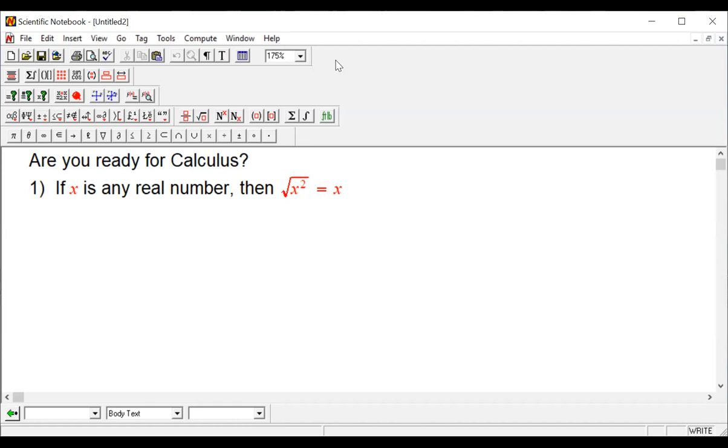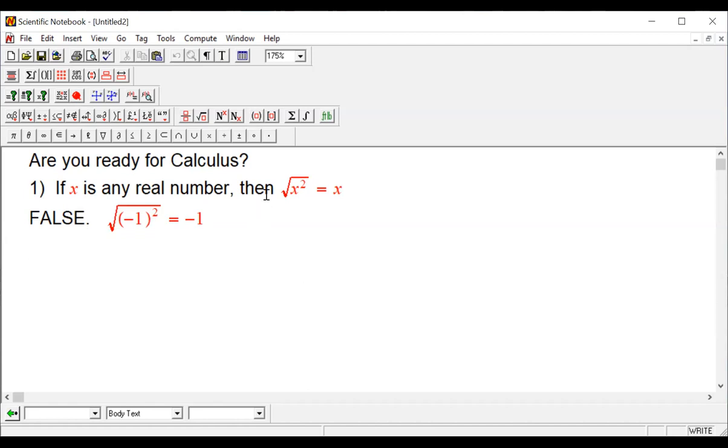Of course, this is wrong. This is false, right? We can easily give a counterexample, right? For x equals -1, and that is a counterexample. This is false, right? So this will be a counterexample for that.